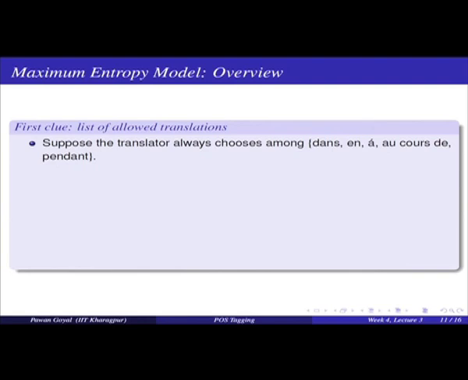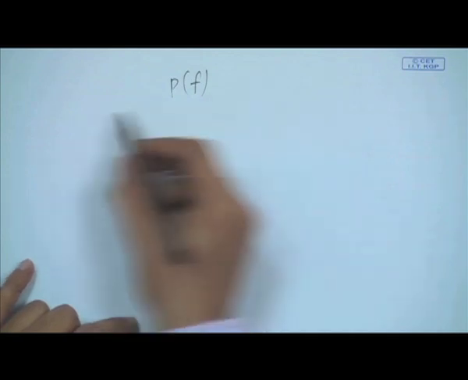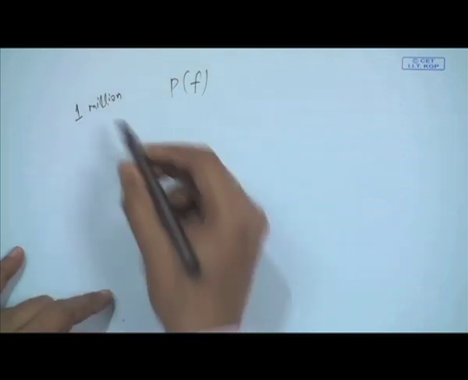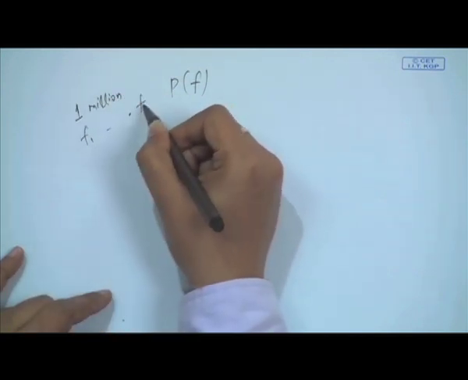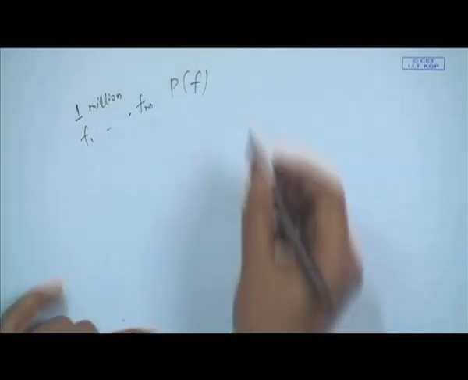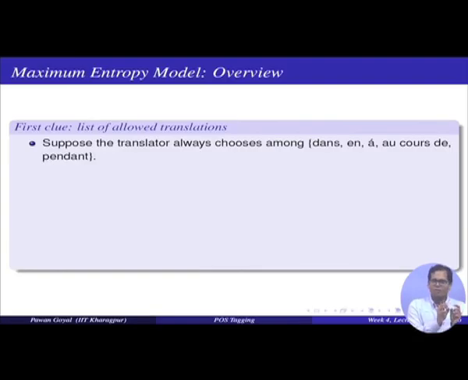Now this is helpful to explain what my maximum entropy model is. I want to find out the probability distribution over French phrases. Suppose I have say 1 million French phrases, F1 to F million. I want to compute this probability distribution, given this constraint, that the translator always chooses from one of these 5 phrases.